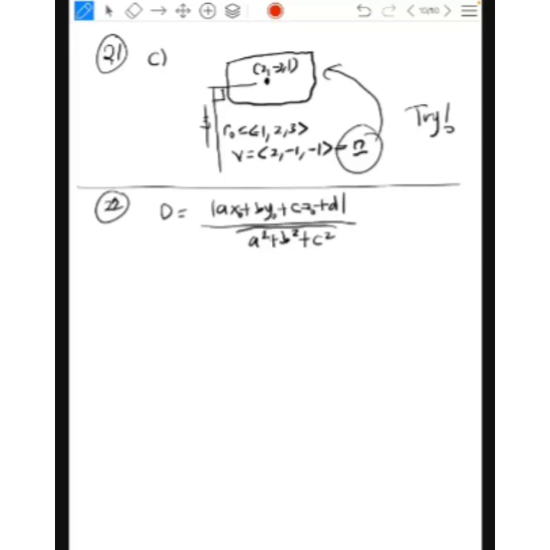Okay, we will use this formula in which x naught, y naught, z naught is the point, and then a, b, c is the vector, which is the n vector. A, b, c.